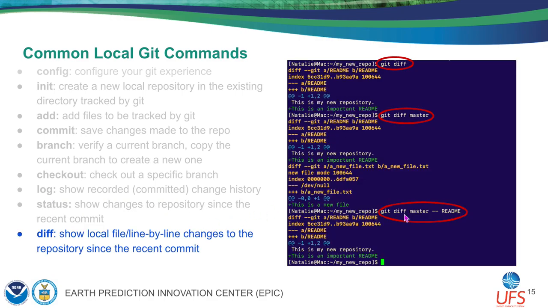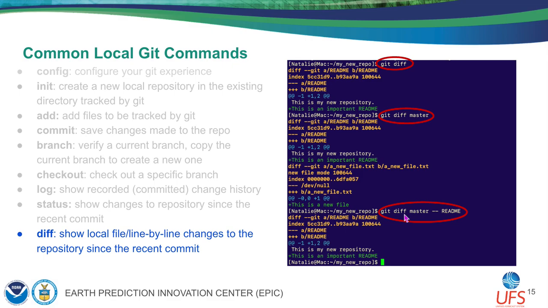There is another, more detailed way of looking at the differences. Git diff would show us local changes to the repository file by file, line by line, since the most recent commit.